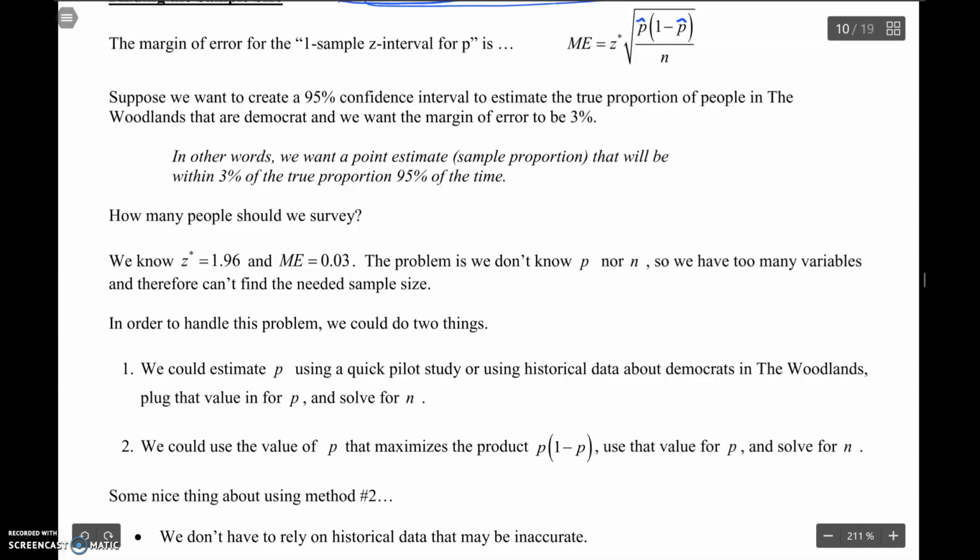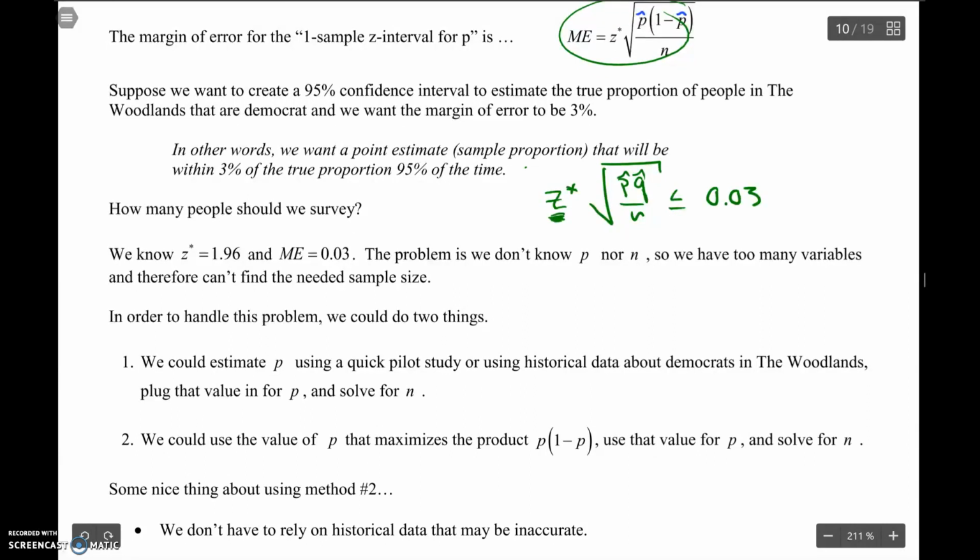Well, if we look at this formula, we want our margin of error to be less than or equal to 3%. I know what z is. Z is going to be 1.96, right? That's only dependent on the confidence level, so I know that. I want to find my n, so it's okay that I don't know that.